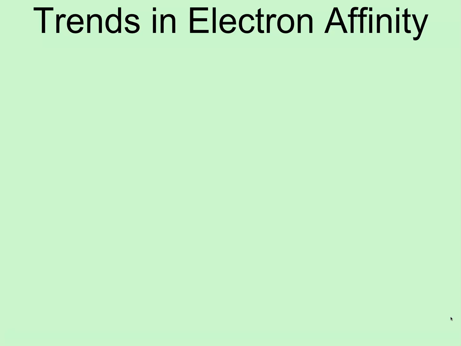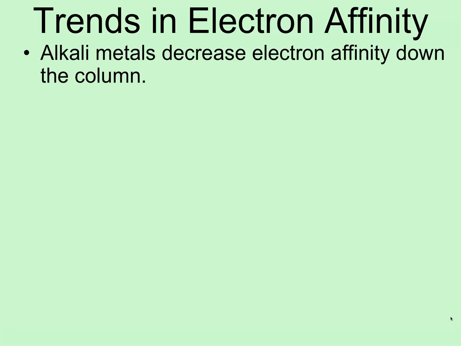Okay? So our trends in electron affinity are kind of all over the place. The alkali metals decrease in electron affinity down a column. But not all of our groups do this same thing. Looking specifically at the alkali metals, we know that the radius is getting larger.